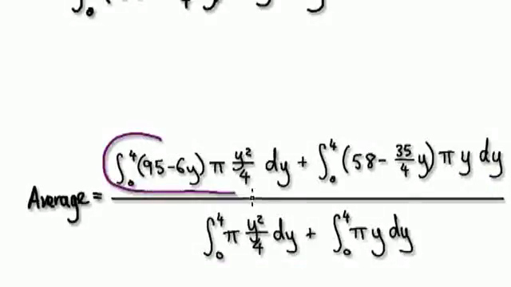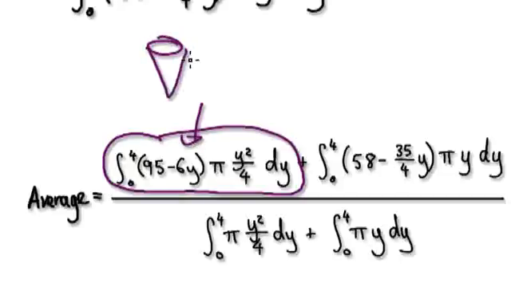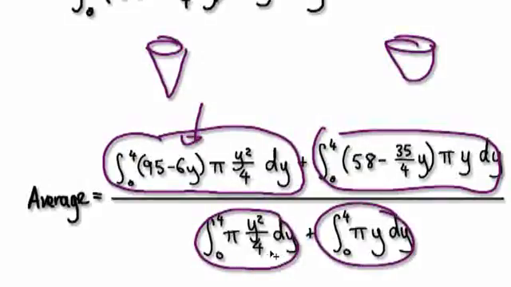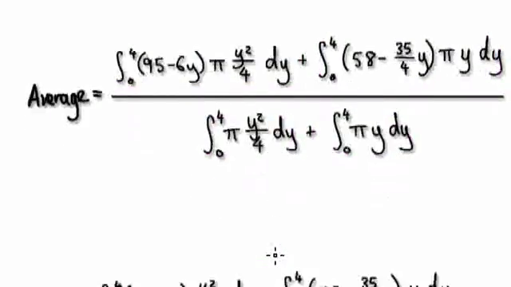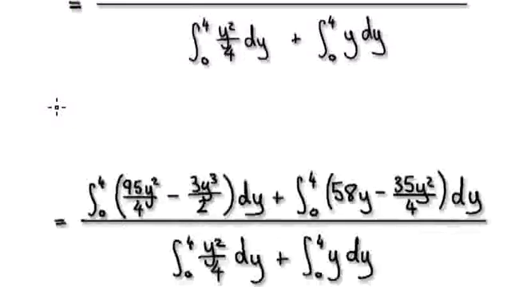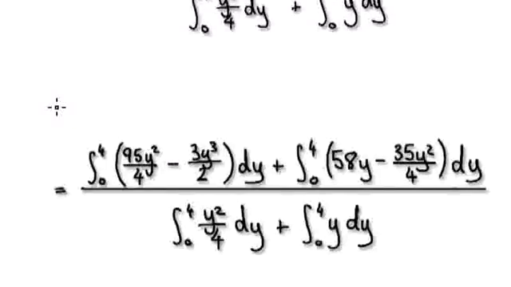Remember, here we are combining the temperature with the volume for the cone. And here we are combining the temperature and the volume for this, and down here we are combining the two volumes together. So from here that will then take you to here. And then just follow your normal routine and solve this.